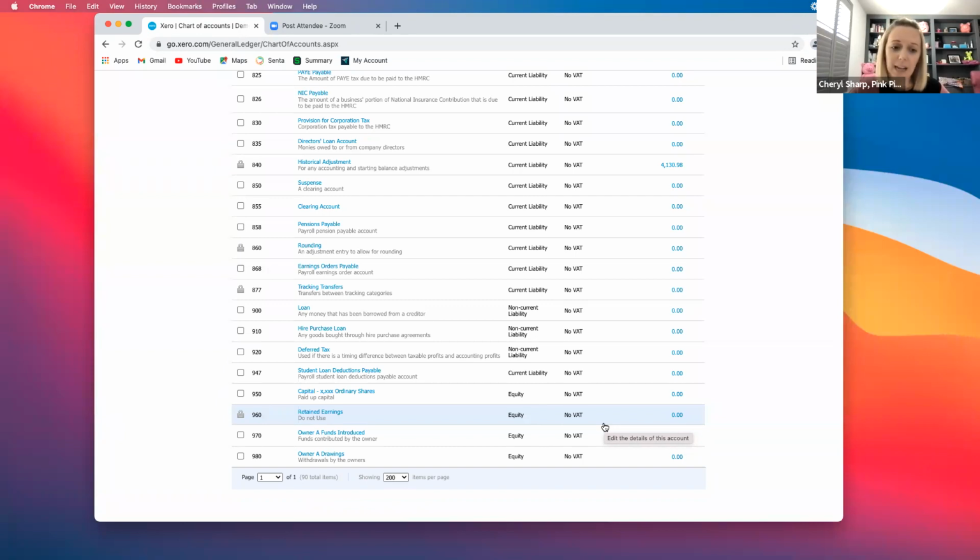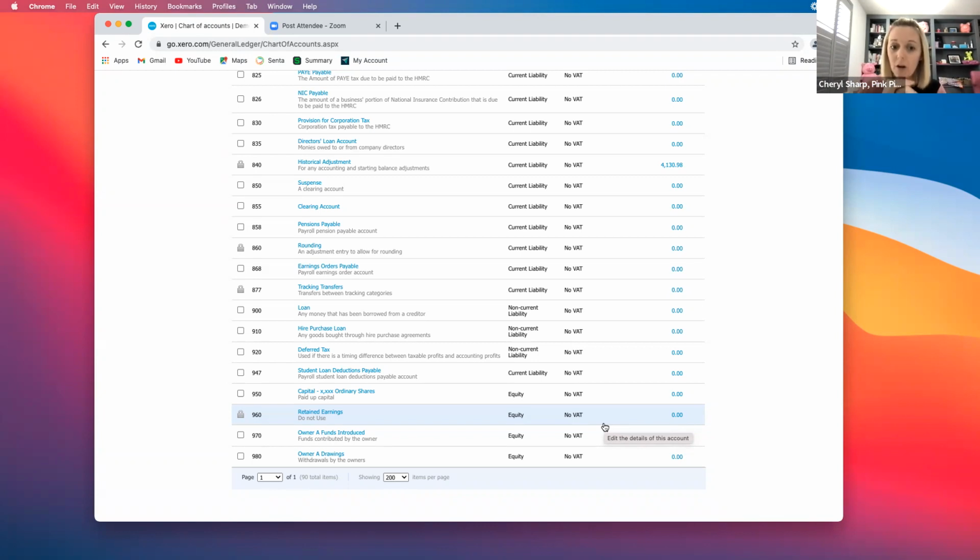Also just wanted to add, there are some CIS codes. If you are a CIS business, we can add in the CIS codes, and Xero uses these to produce your CIS returns to HMRC as well.